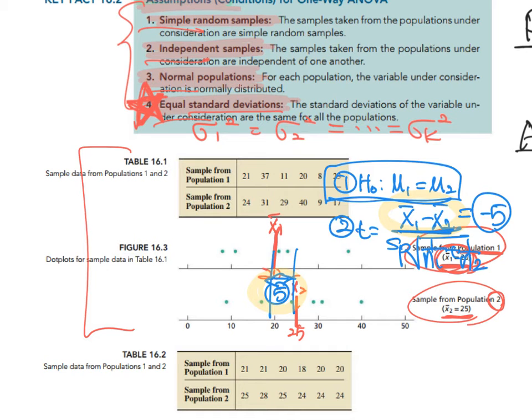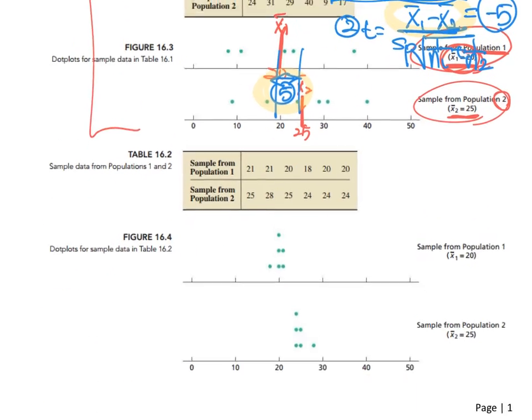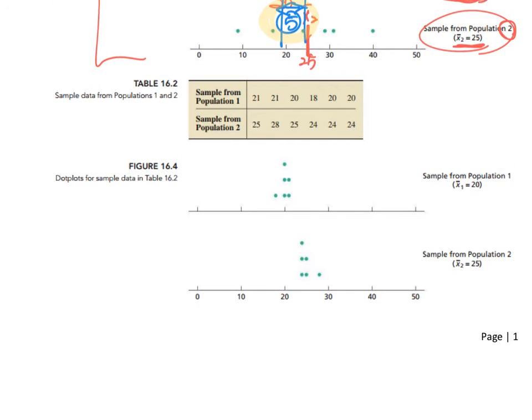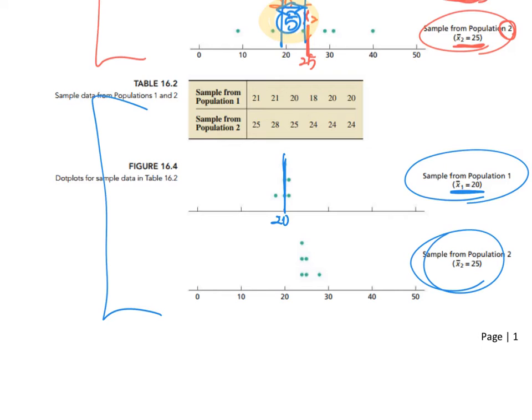Let me give you another example. It's two samples: population number 1, sample mean equal to 20. Another sample, number 2, from population number 2, sample mean equal to 25.